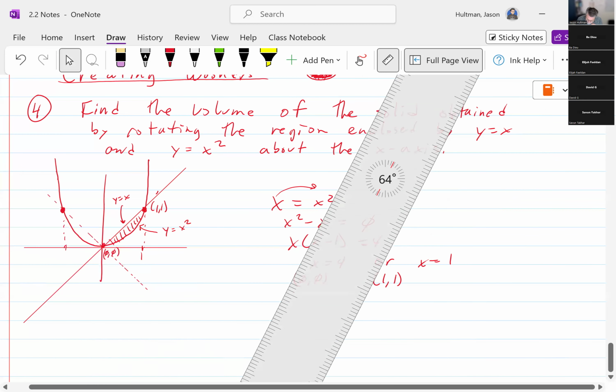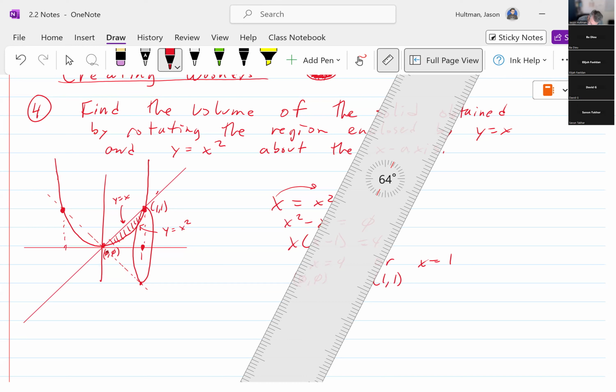And this is going to be a circle. That guy. And then we're going to end up having a washer here.